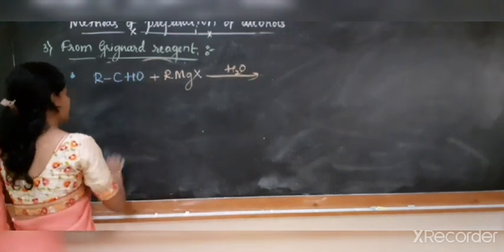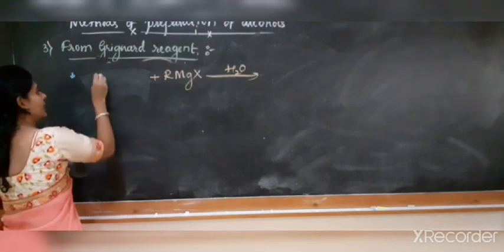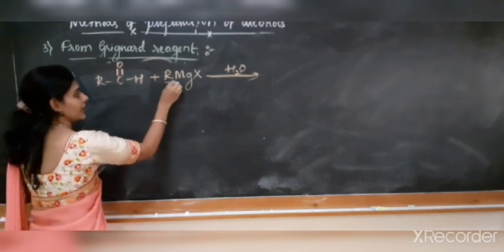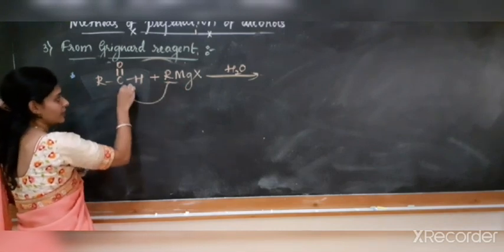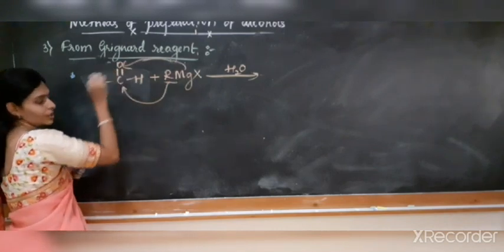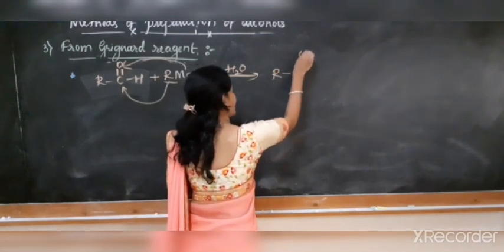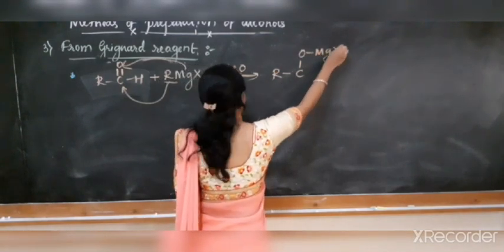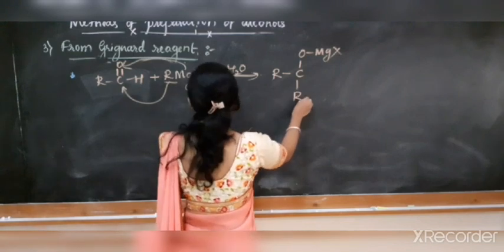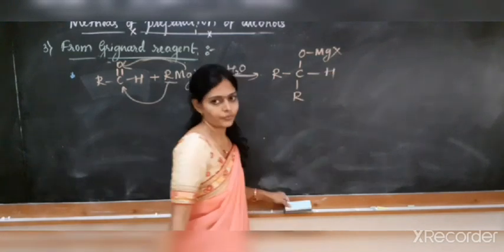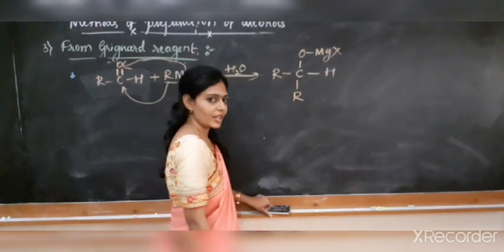As I said, first you have to add the alkyl group, which is attached to the carbon, and MgX will be attached to the oxygen. So we are getting RCOMgX, and this will be having another alkyl group which is attacked by the Grignard reagent, and the hydrogen. So this is how we get the addition compound.